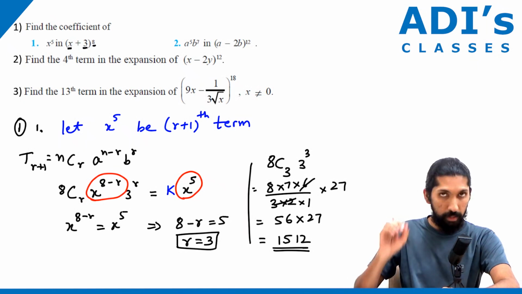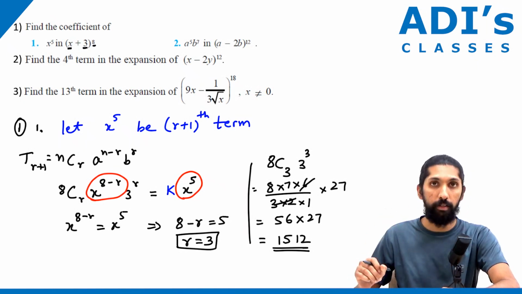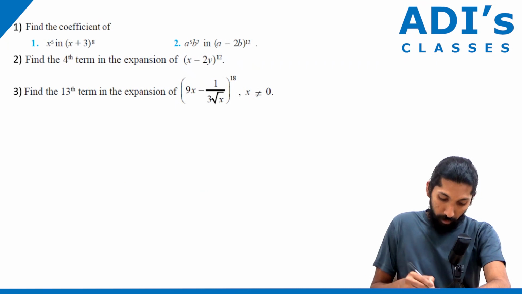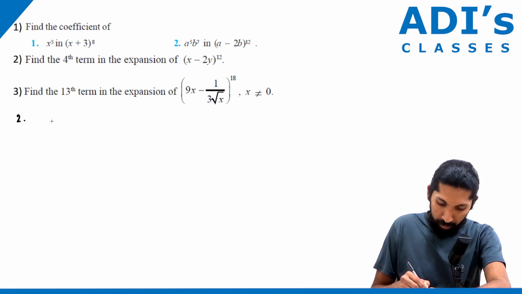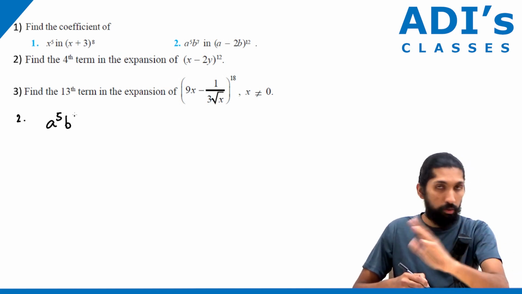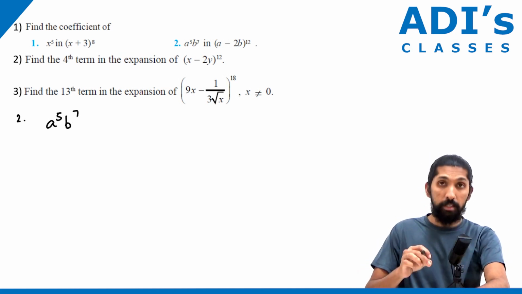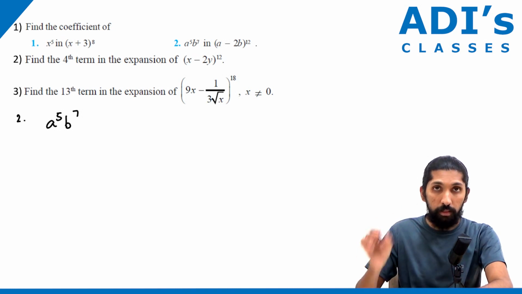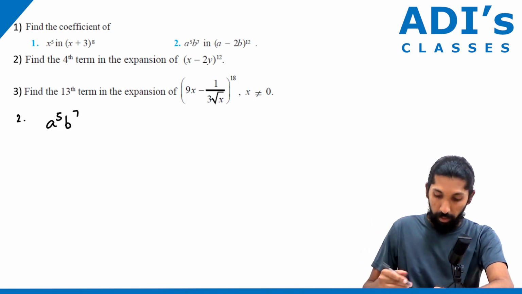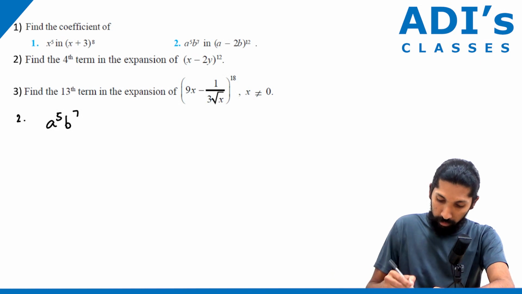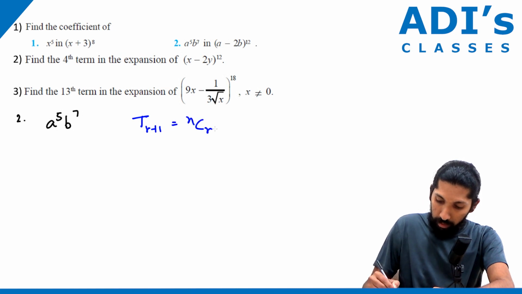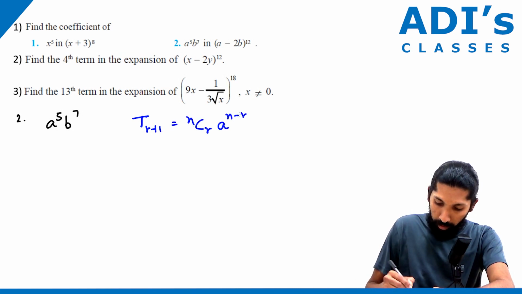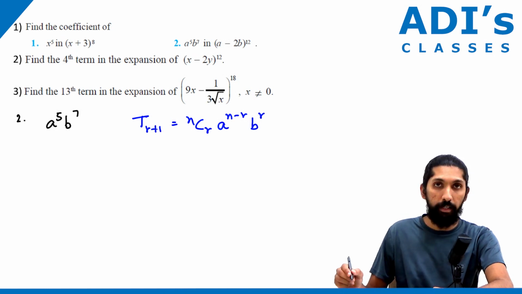Very similar, the same method, we are going to solve the second one, all right? The second one, the coefficient of a power 5 into b power 7. Same logic, no change. We'll assume that this is the r plus 1th term, the general term. And what is the r plus 1th term? T(r+1) is nCr a power n minus r into b to the power of r, correct?